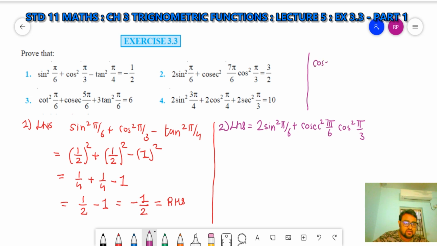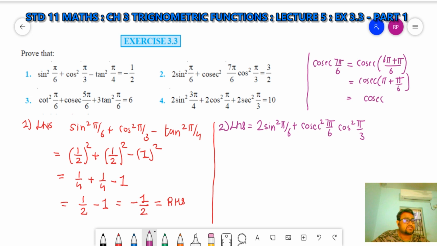So see cosec 7 pi by 6. Remember, you know the value of specific angles till 90 only. So you need to bring this into the first quadrant. So the multiple of 6 closer to 7 is 6. 6 ones are 6. So I will write it down: cosec of 6 pi plus pi, that is 7 pi upon 6. So cosec, now you separate it: 6 pi by 6 is pi, plus pi by 6. Clear? Now pi shift, so it will be cosec.